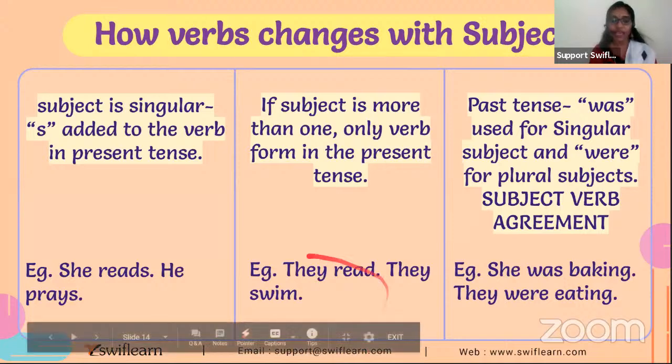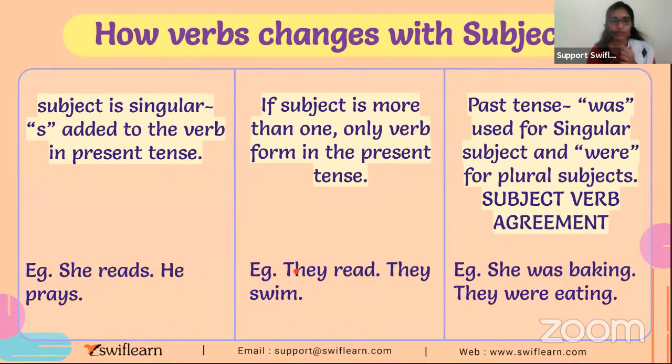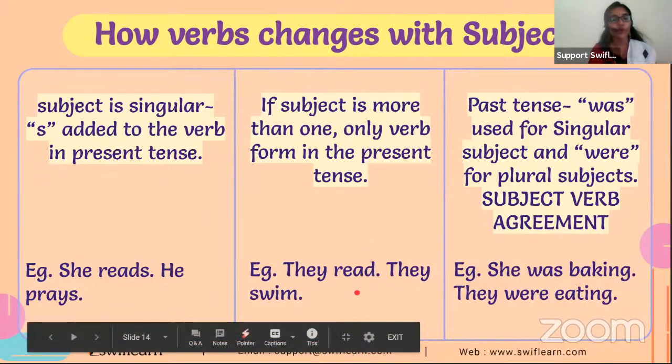So here we have they. They means more than one person. They, we, these, or all the pronouns we say are plural, right? So they means more than one person. So we don't add any s to the verb. They read, they swim, right?